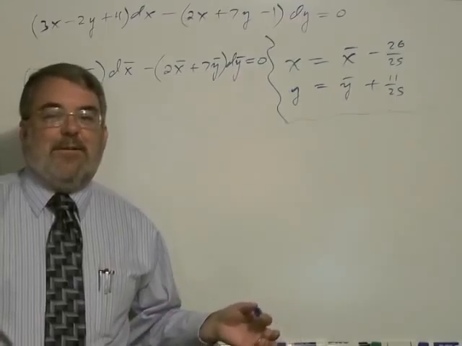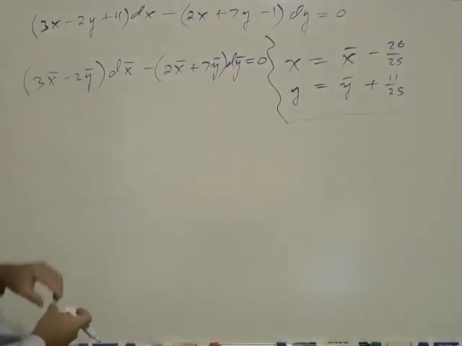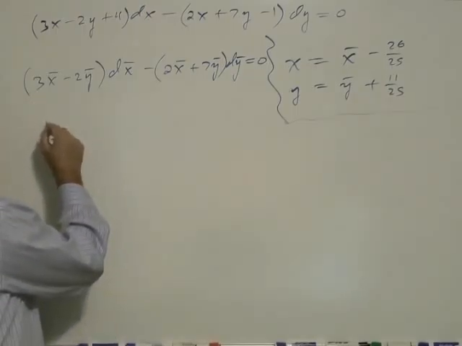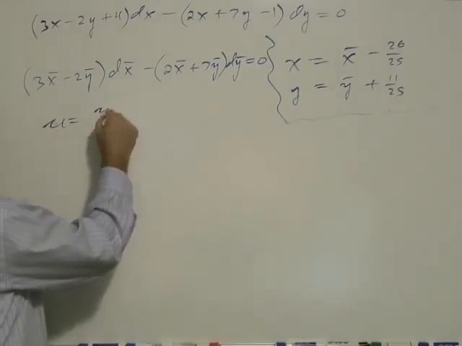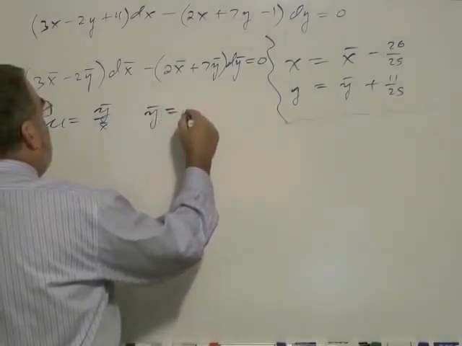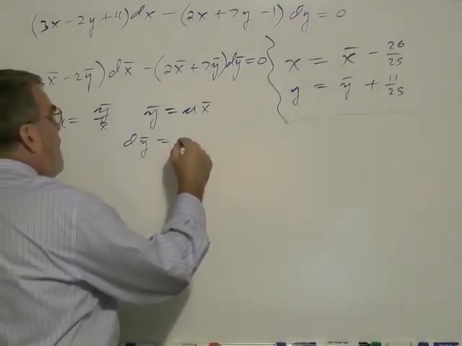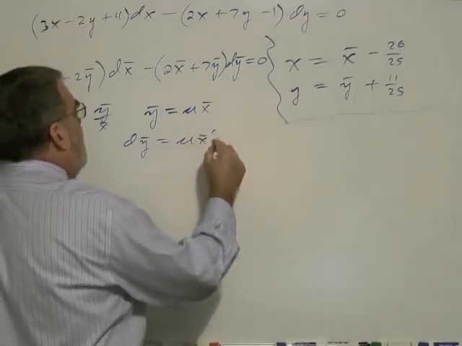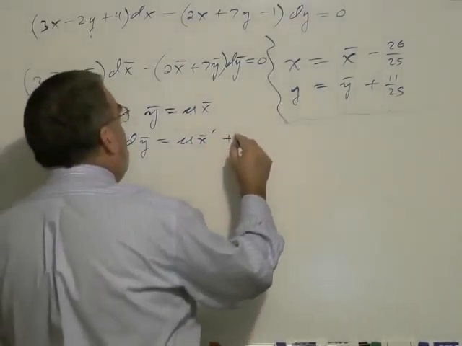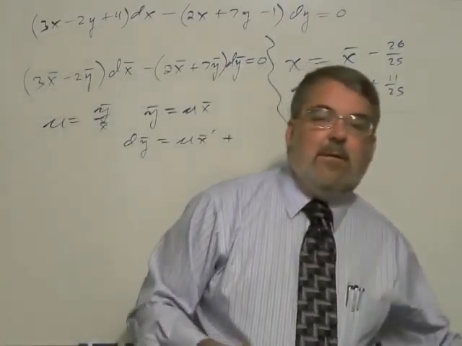Now we have a standard differential equation with homogeneous coefficients of order 1. And I'll solve it by the usual technique. So this is probably the boring part, because we've done this before. So I'm going to let u equal y bar over x bar, which means that y bar is u x bar, and dy bar would be... Nope, I got a little careless here.